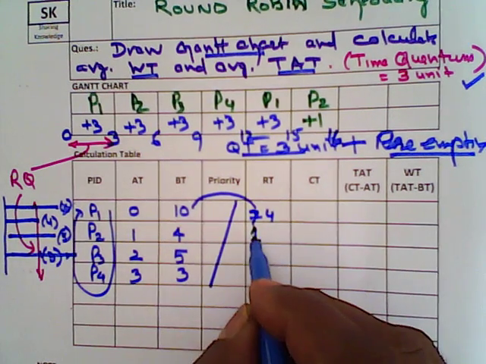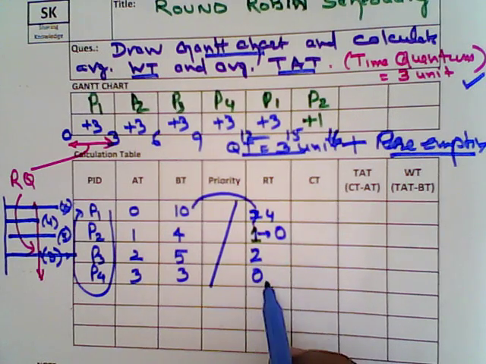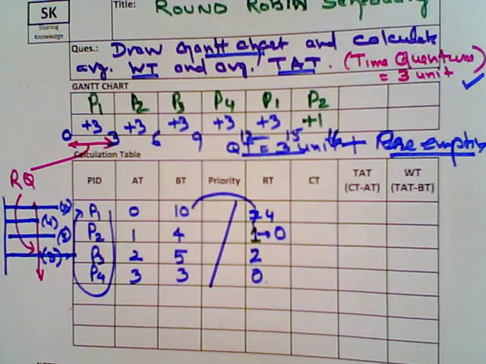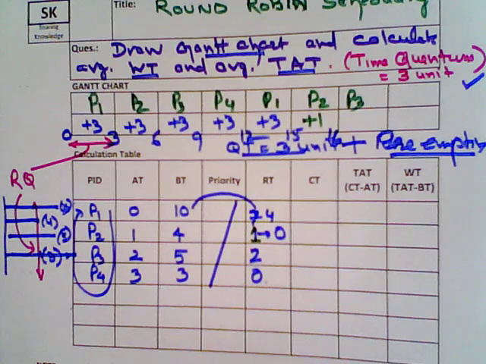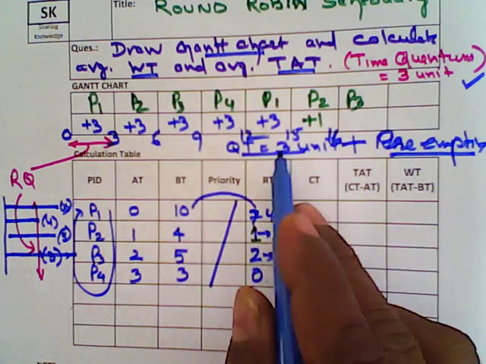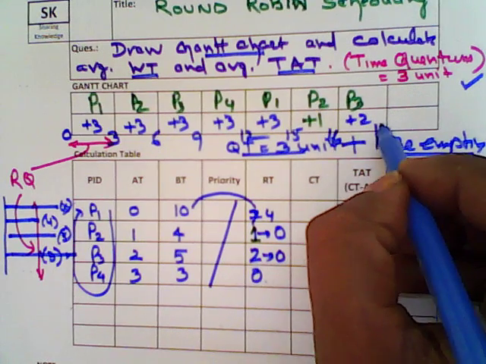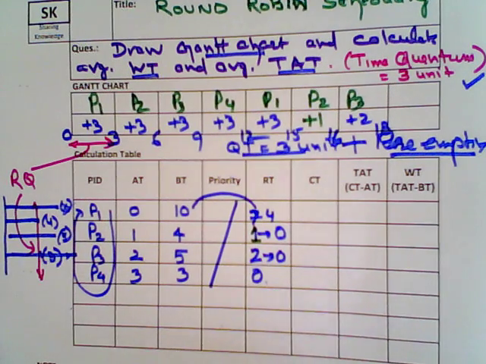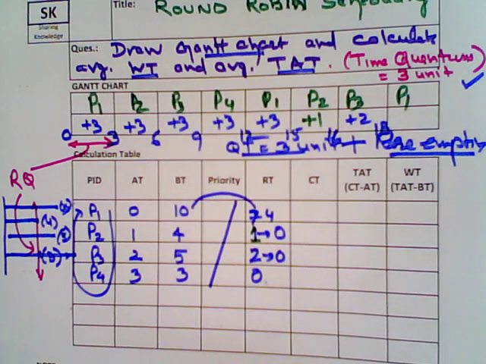After P2, which is the next process? It is P3. How much is P3? 2. Our Qt is 3, so we need to add 2, which is 18. After P3, the remaining process is P1. We have to go in the same order according to the Qt.